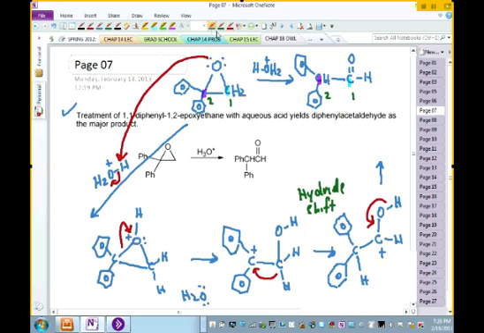Okay, that water comes in. Let me just put the water here. And so once the water comes to grab that proton, we now regenerate the original hydronium ion. So the hydronium ion here is only acting as a catalyst, and therefore you then form your final product.